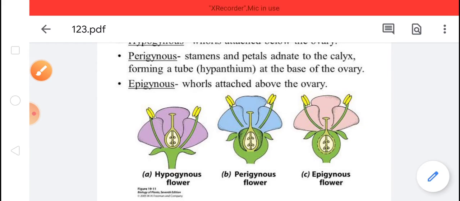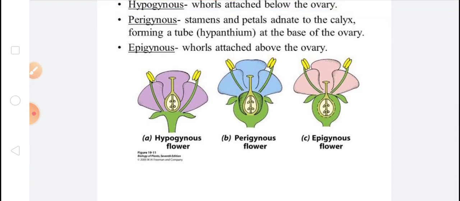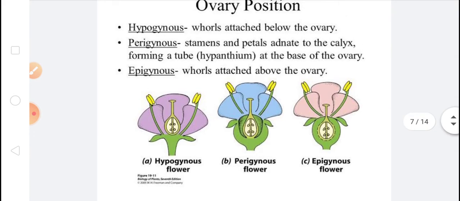Children, to study the ovary of a flower, you can do one activity. Take a blade, cut the ovary of a flower vertically and transversely, place it on a slide and observe it.